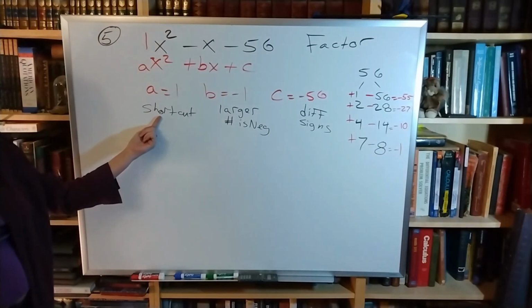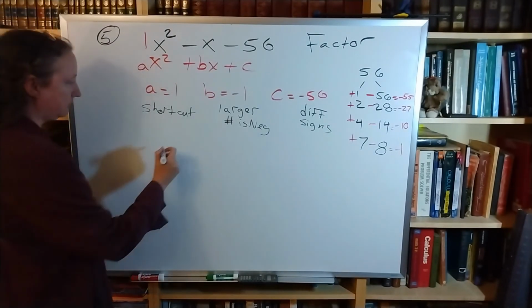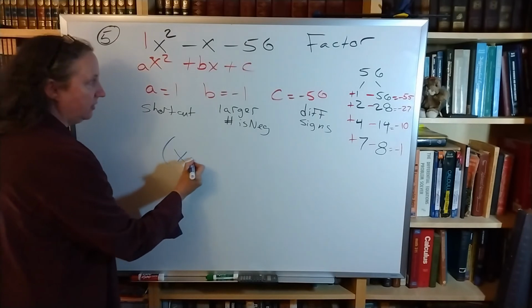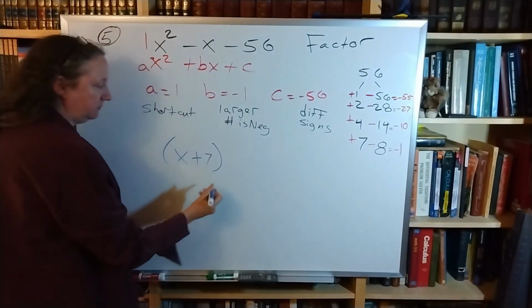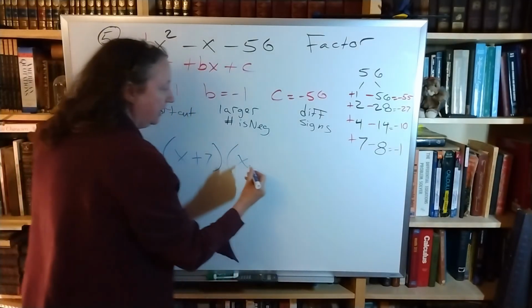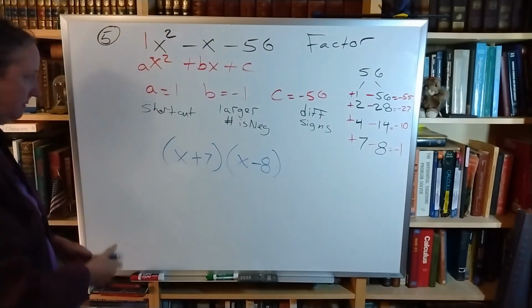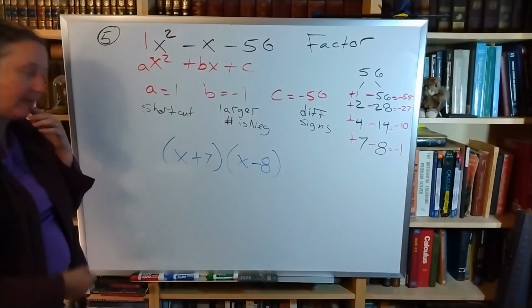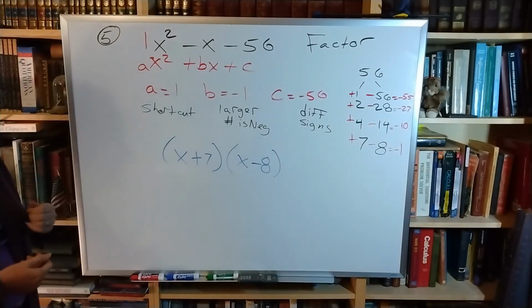A tells me I can use my shortcut, so I'm going to do that. I have x plus 7, because that's that plus 7 there, times x minus 8. And that's finished. That one's that easy if you know how to use your shortcut.